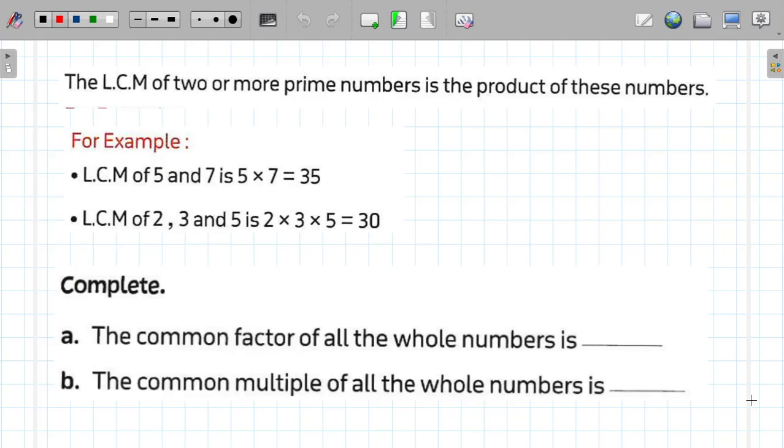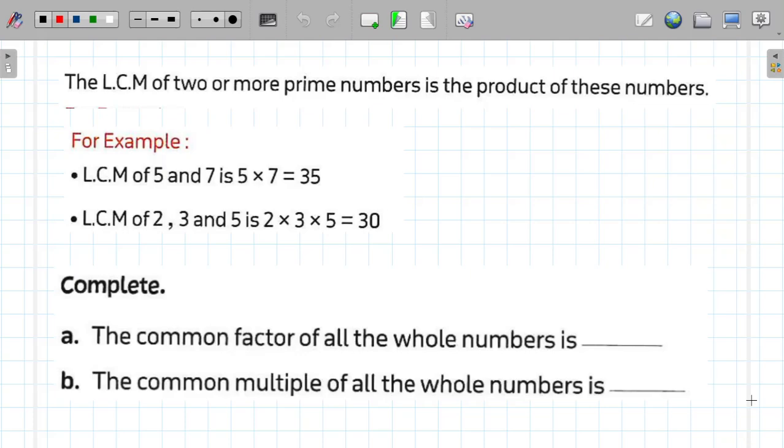So if I have 5 and 7 and I want to find the least common multiple of these two numbers, what can I do? I can multiply the two numbers. I have 5 by 7 equals 35. So the least common multiple is 35.